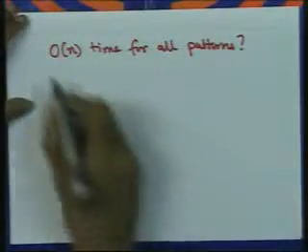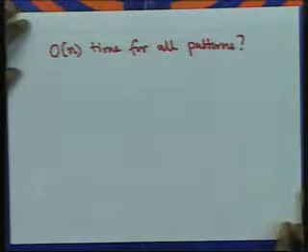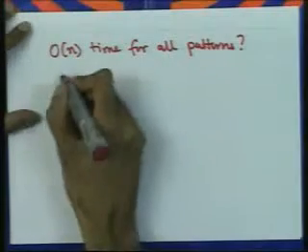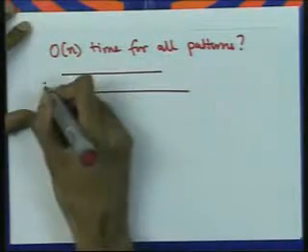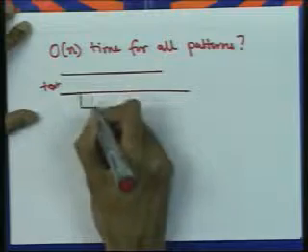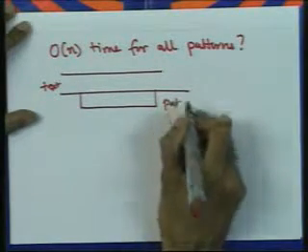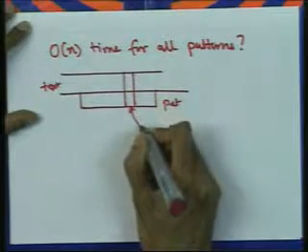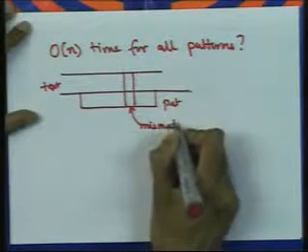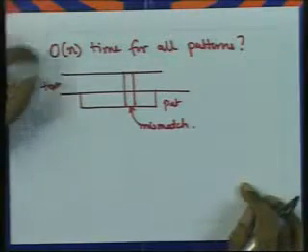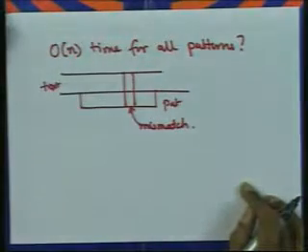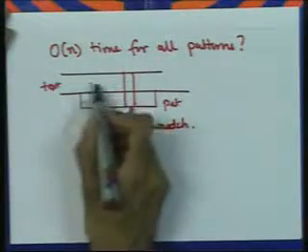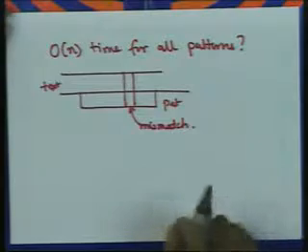So what is the scene? Suppose I should be able to do this. If I have this is the text, and this is the pattern, and I match some of them, and here I have a mismatch. In each of the earlier cases, we somehow used this matched information. This information that this portion of the string matches with this portion of the text was used in both cases.